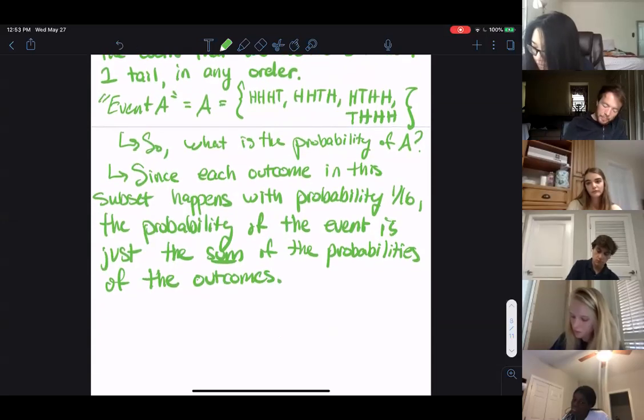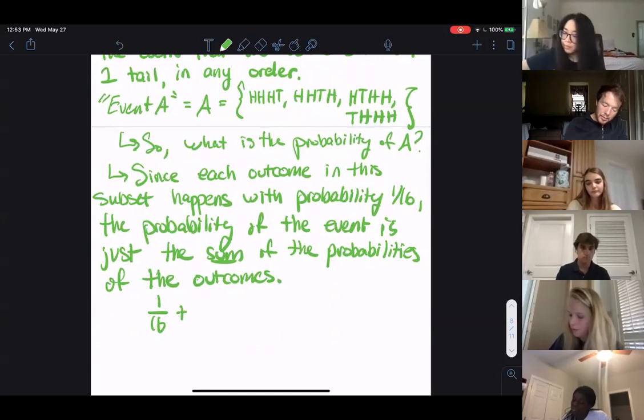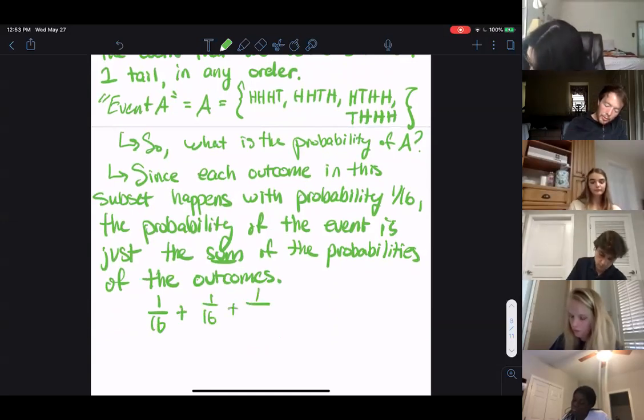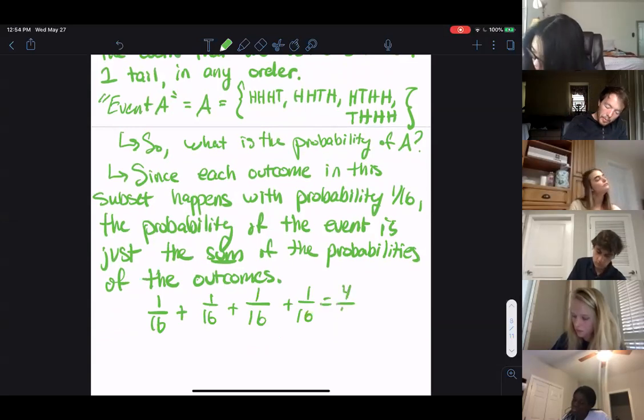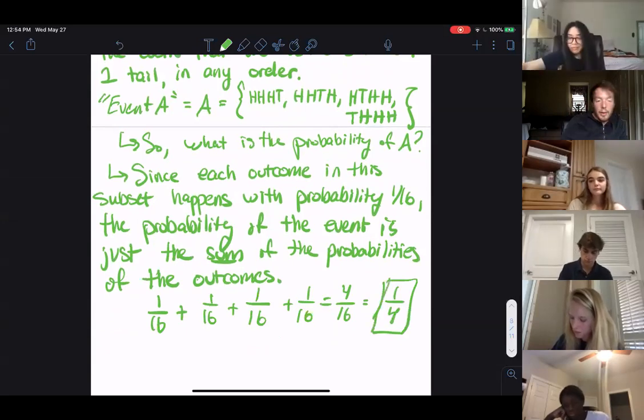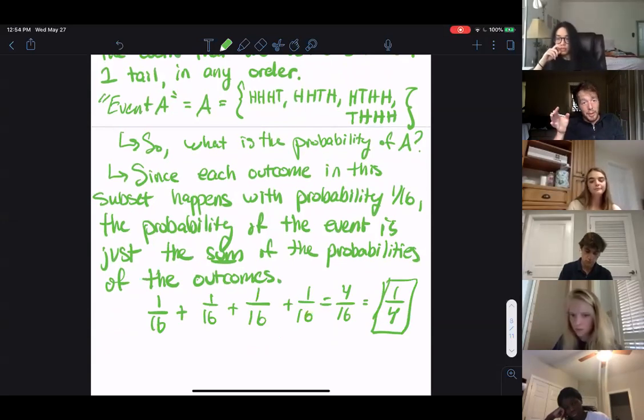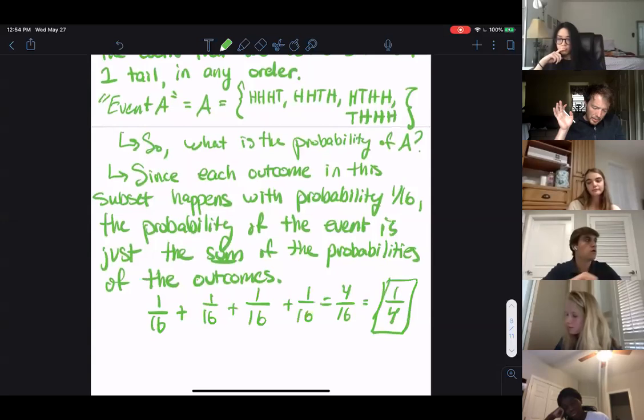So in this case, we have probability of heads, heads, heads, tails, which is 1/16, probability of heads, heads, tails, heads, 1/16, and so on and so forth. We just add up the probabilities of every outcome in the event, which means we get 1/4. So what we would say is event A happens 1/4 of the time. If I were to flip a coin 4 times and record the number of heads and tails, 1/4 of the time I would get 3 heads and 1 tail. Make sense?